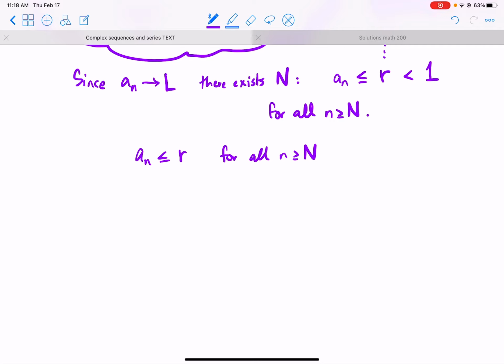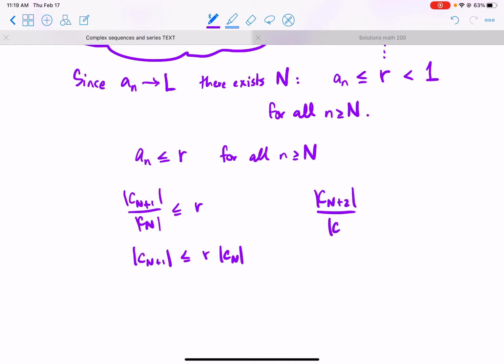So let's actually look at C_{N+1} over C_N less than or equal to r. C_{N+1} is less than or equal to r times C_N. And then by the same idea, C_{N+2} over C_{N+1} is less than or equal to r because of this.